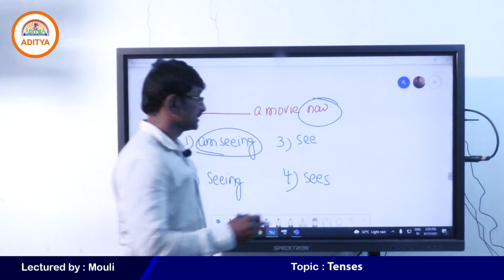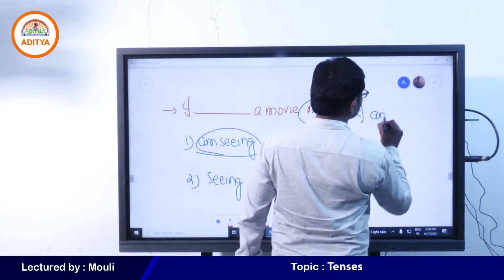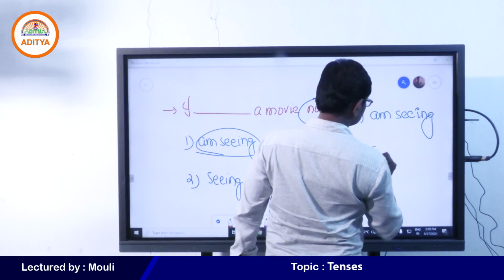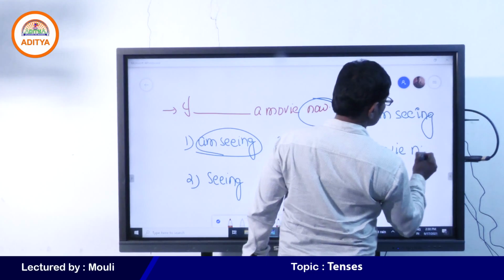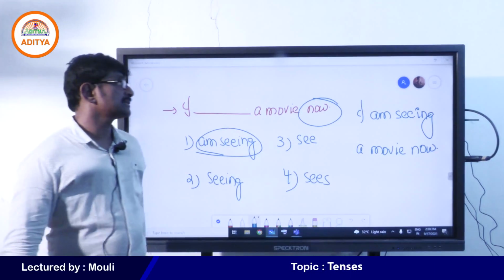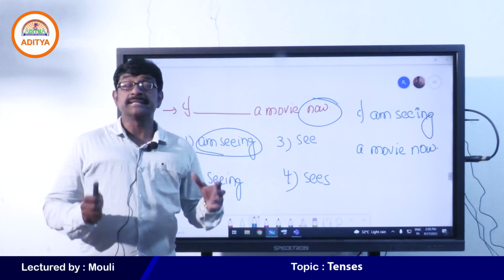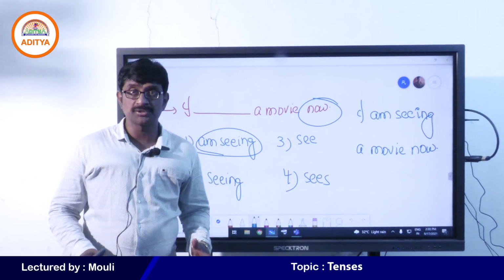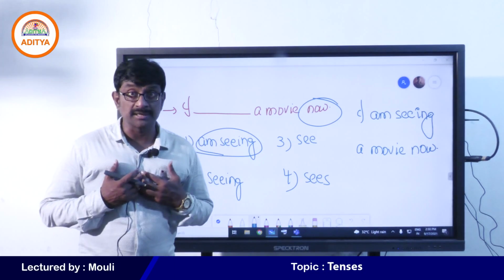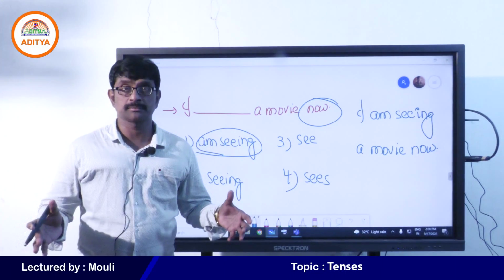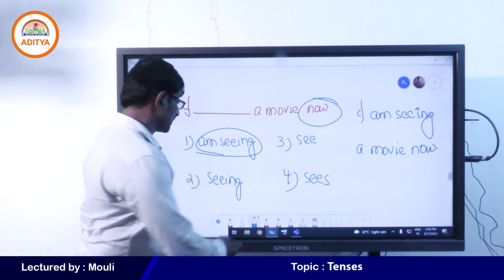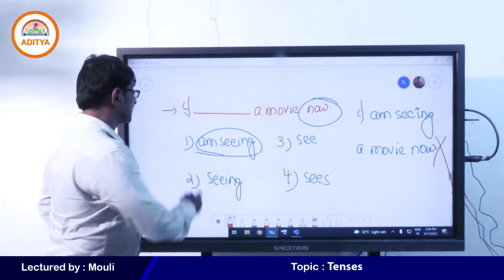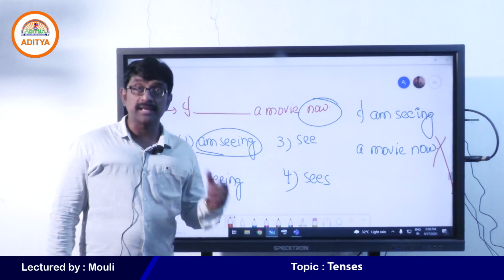If I say I'm seeing a movie now, it is a blunder. I'm making a big error in my language, and at the same time I'm telling that I don't know English also. So this sentence is not valid here.